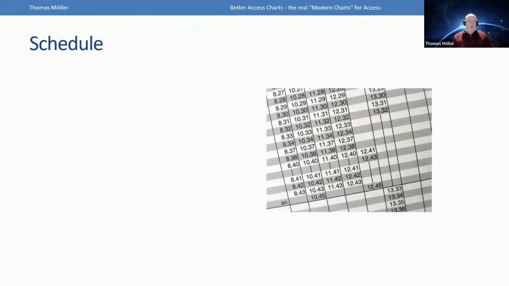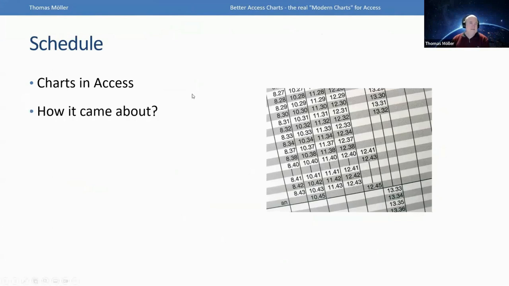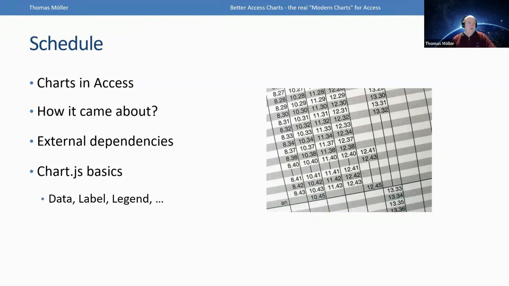What are we doing? What can you expect? At the beginning, I will talk a short moment about charts in Access. Then I will tell you how it came about that I tried to put JavaScript into Access and how it worked. We have to talk about external dependencies and how to get rid of them.